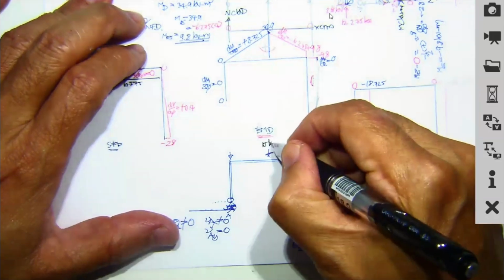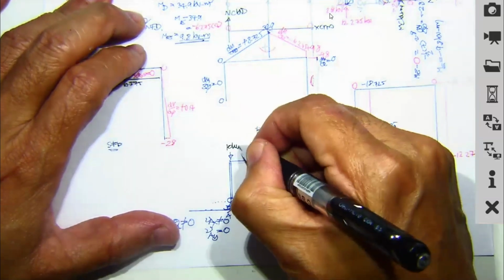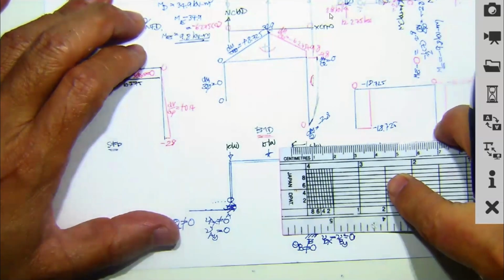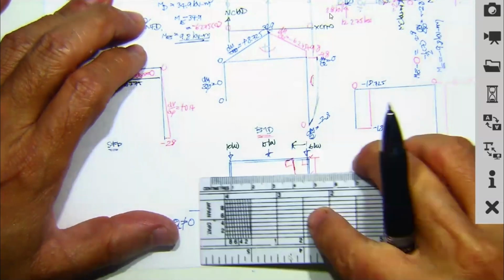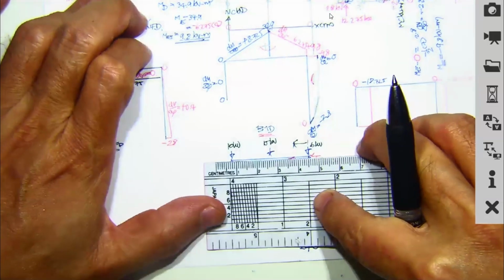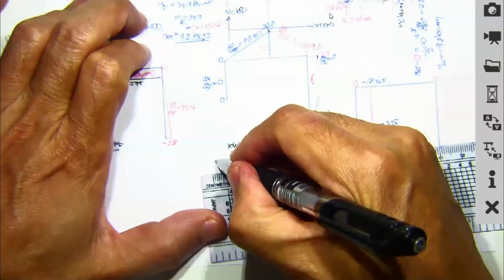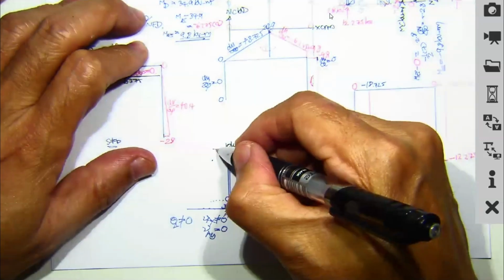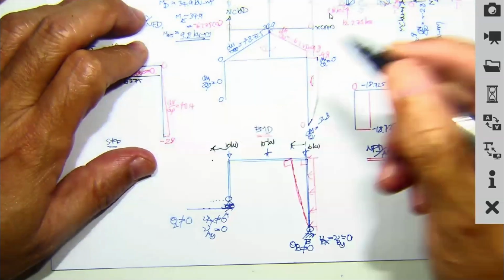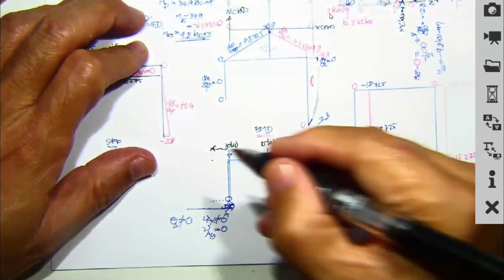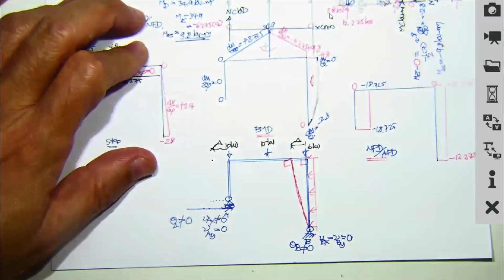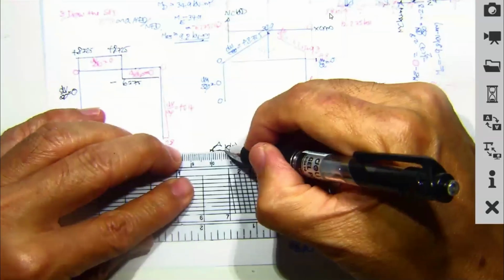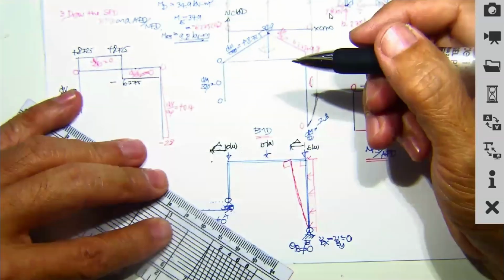This is 15 kilonewton. This is 10 kilonewton. And then it has lateral movement of 7 millimeter. So this one should move over here, the same as this one. Typically, we call this one delta. Delta is going to be lateral displacement.